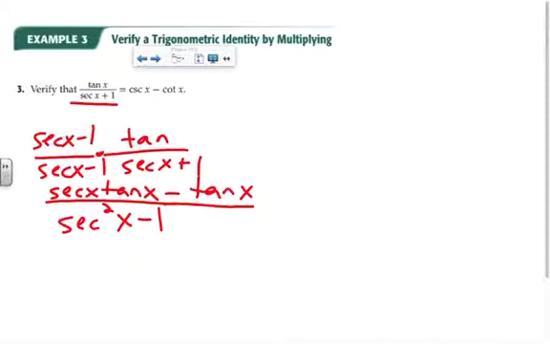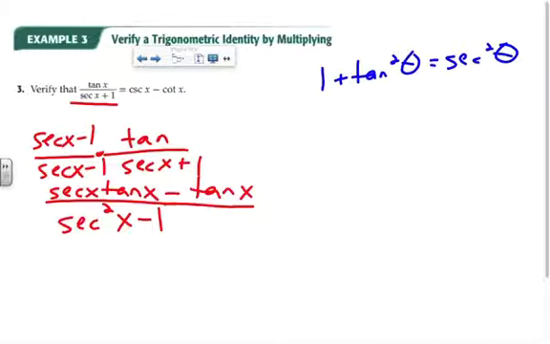So on my reference sheet, I see that secant squared of x with a 1 in it, and I automatically look at my reference sheet and I notice this guy again, 1 plus tangent squared theta equals secant squared theta. So I'm going to substitute in that 1 plus tangent squared of theta.